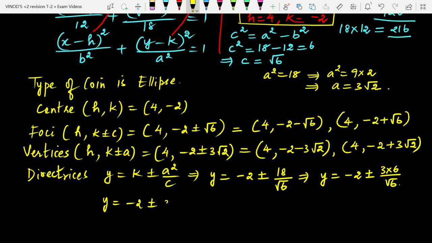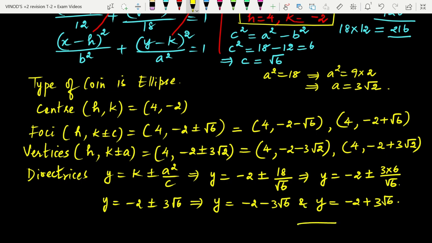So y is equal to −2 ± 3√6, since 6 divided by √6 is √6. So the two directrices are y = −2 − 3√6 and y = −2 + 3√6.